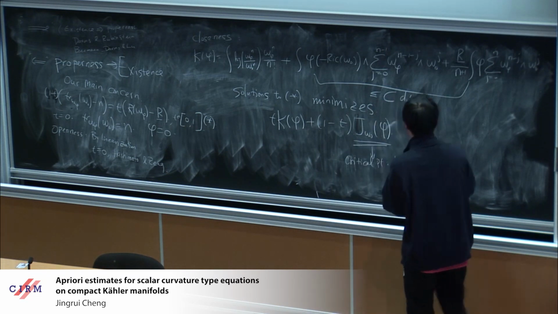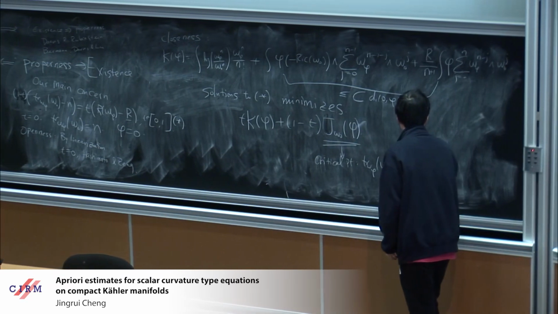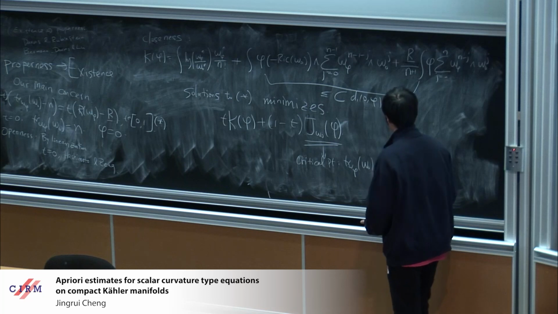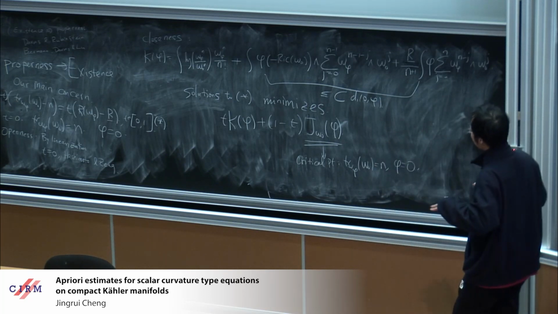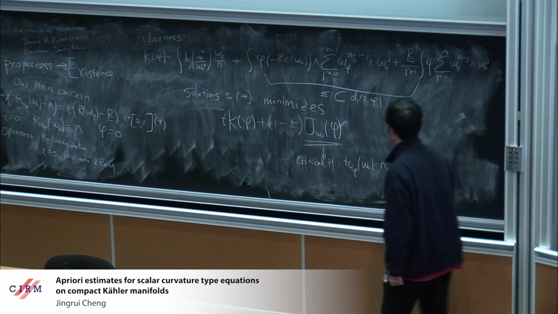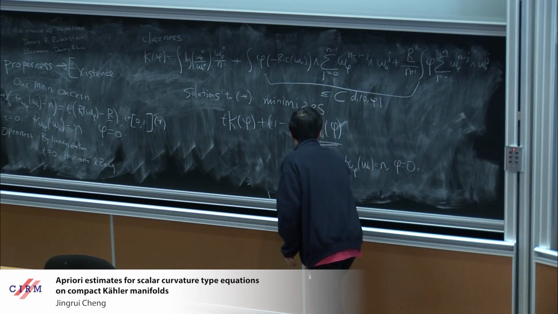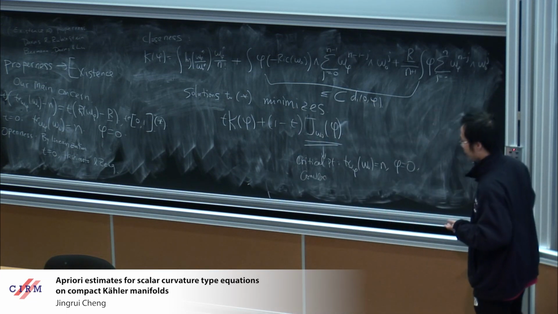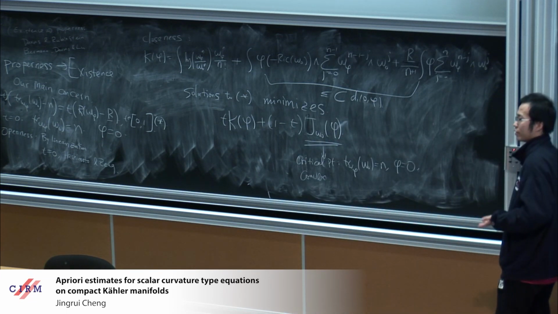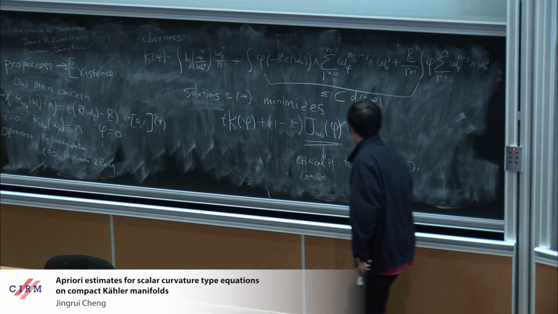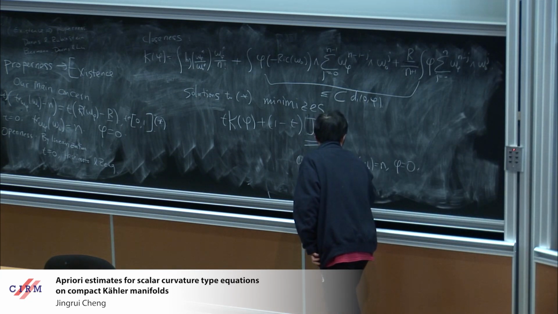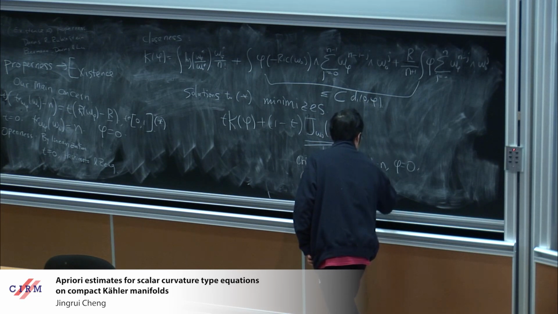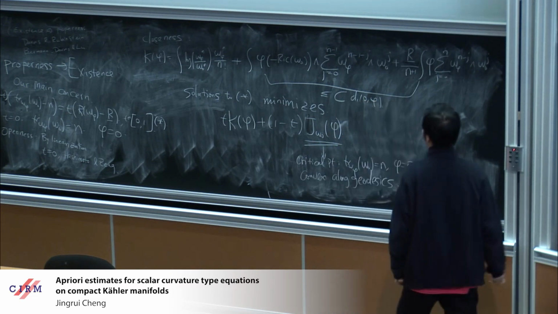In other words, you have the critical point phi equal to 0. And moreover, it's convex along geodesics. So we have a functional which is convex along geodesics and has a critical point. Then this functional has a lower bound.